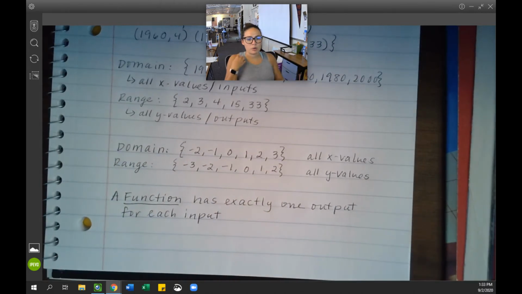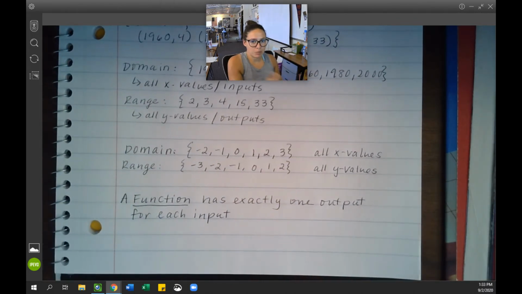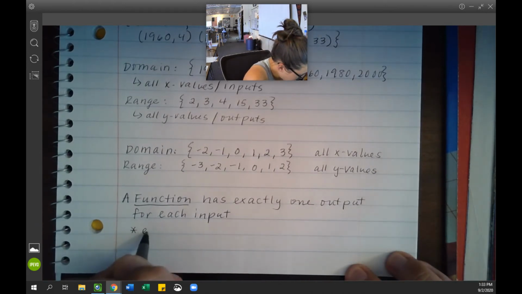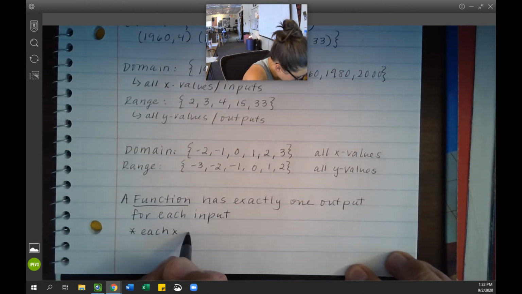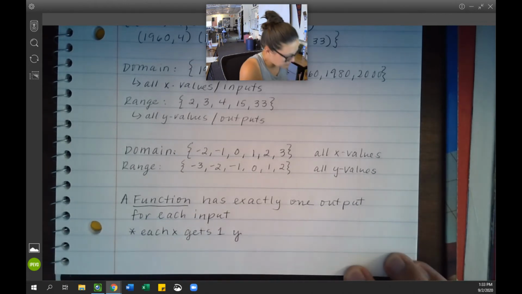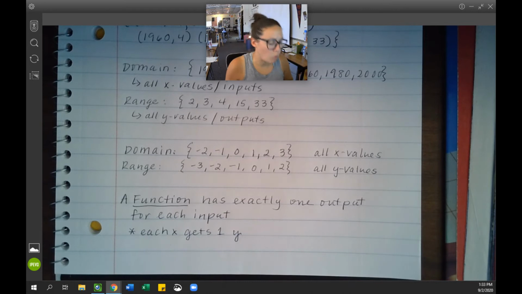Exactly one output for each input. So put it in another way, that means that each x gets one y.